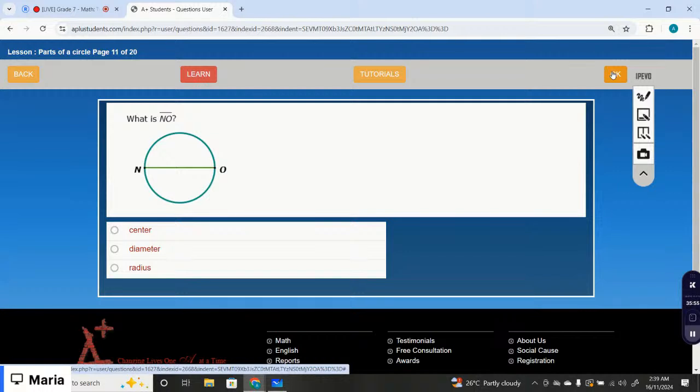What is NO? NO is the diameter of the circle. The correct option is diameter.